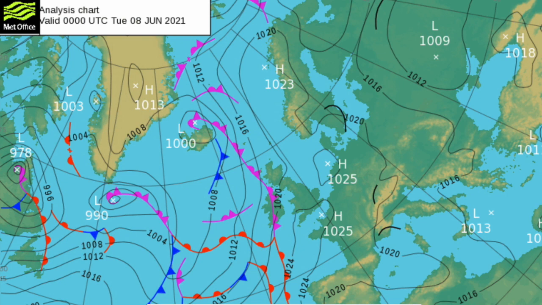We have an occluded front, which means that the cold and the warm fronts meet.